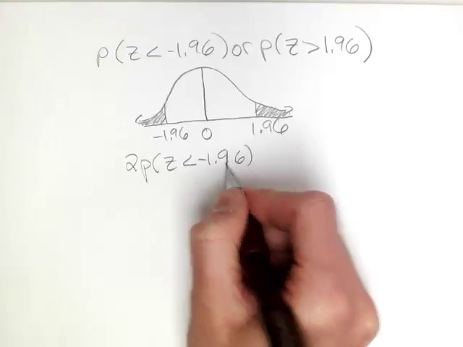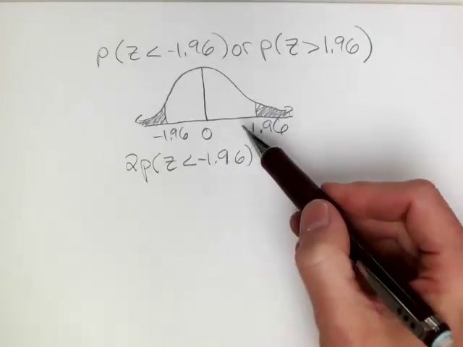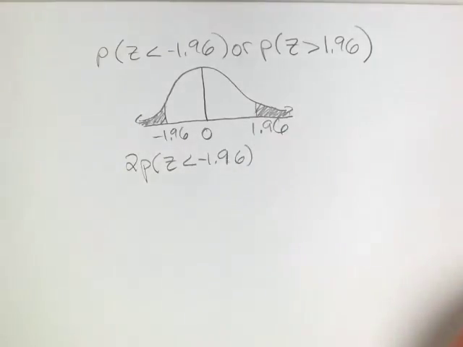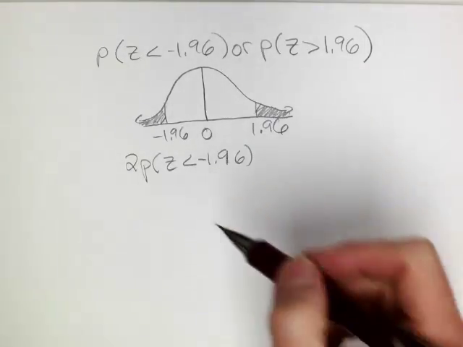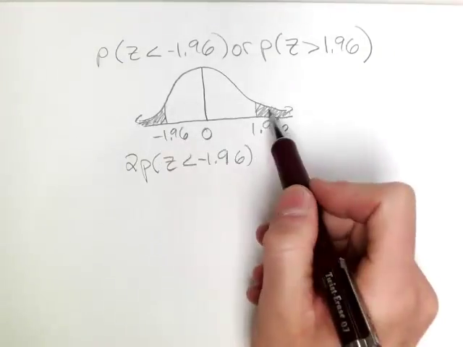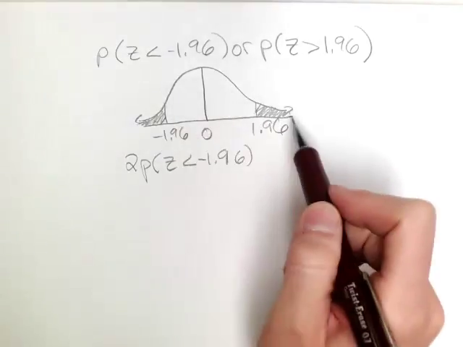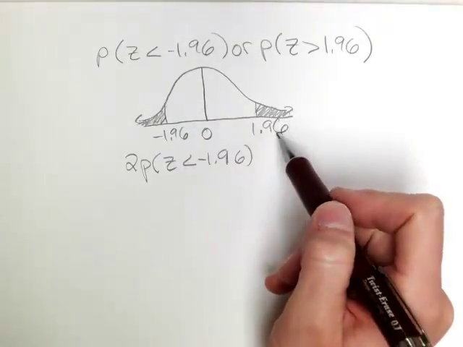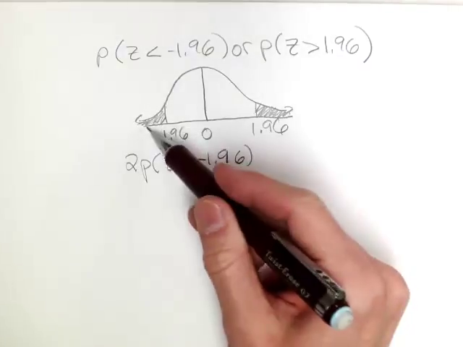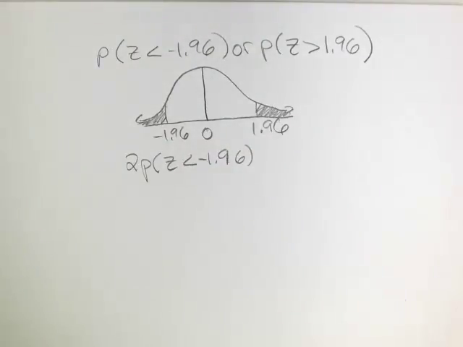That way I only have to go to the table once. Now if this upper z score was a different value, I'd have to go ahead and find that separately, because then it wouldn't be symmetric. Okay, so I hope that you recognize the fact that even though I didn't draw this bell curve exactly symmetric, these two shaded areas would be equivalent.